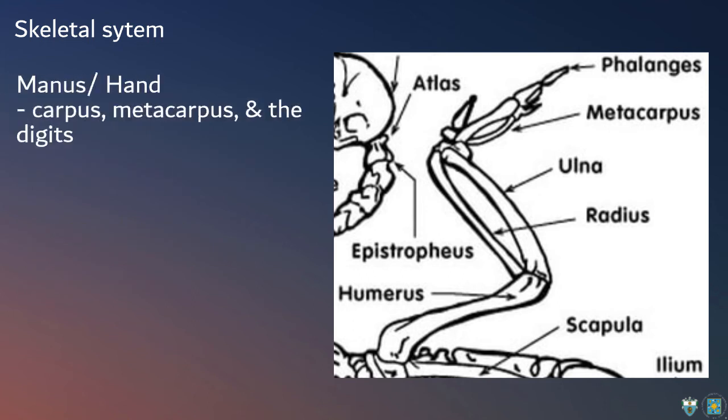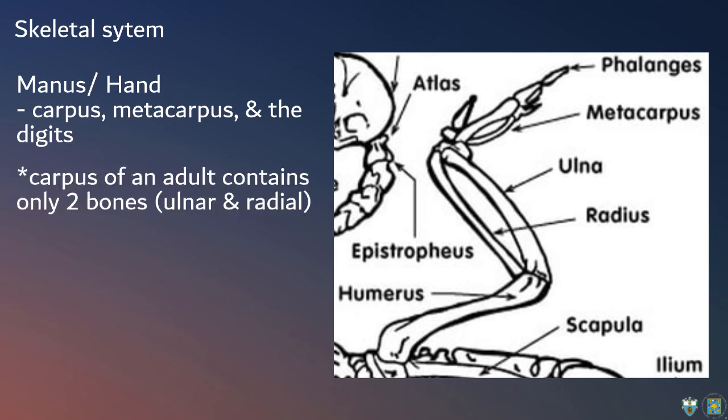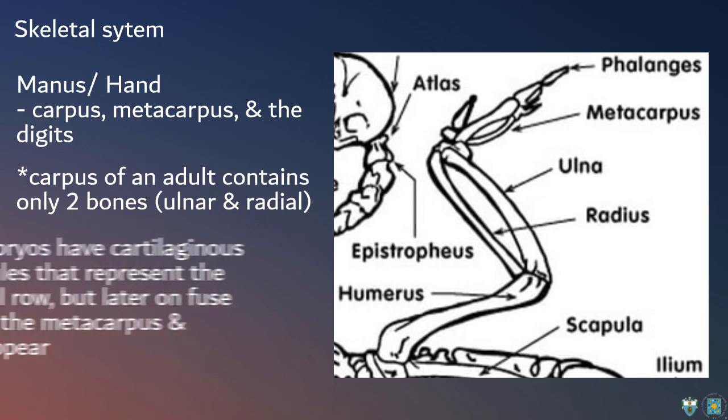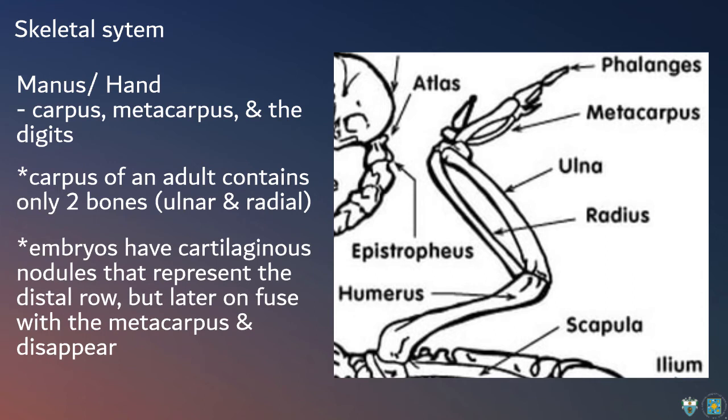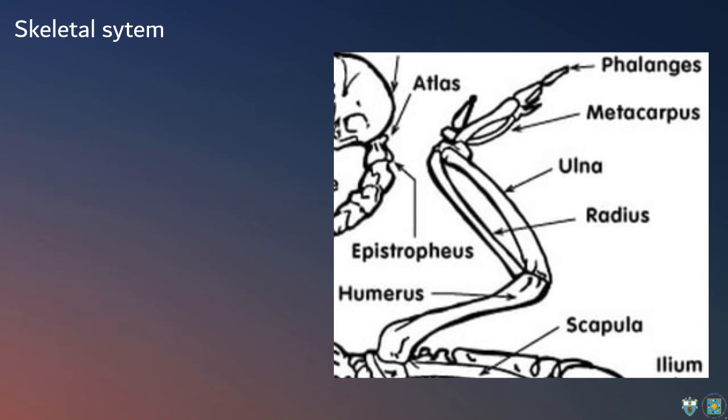The manus, or the hand, consists of the carpus, the metacarpus, and the digits. The carpus of an adult contains only two bones, the ulnar and the radial, that represent the proximal row of mammalian carpal bones. In the embryo, cartilaginous nodules represent the distal row, but these fuse with the metacarpus and disappear.